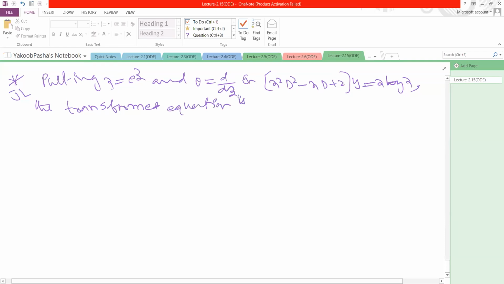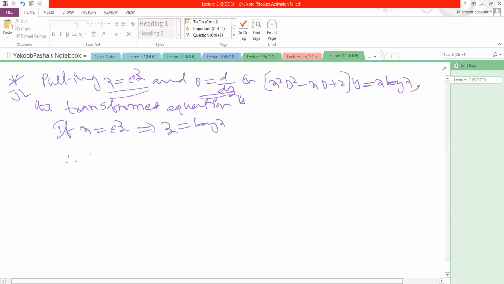As we are already given x equal to e power z, theta is equal to d by dz. If x is equal to e power z, then we can write z is equal to log x. And theta is x into d, x square d square equal to theta into (theta minus 1).